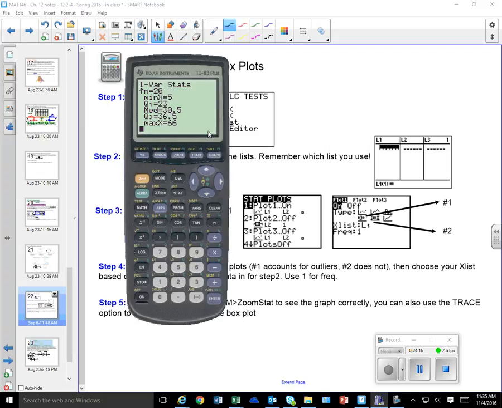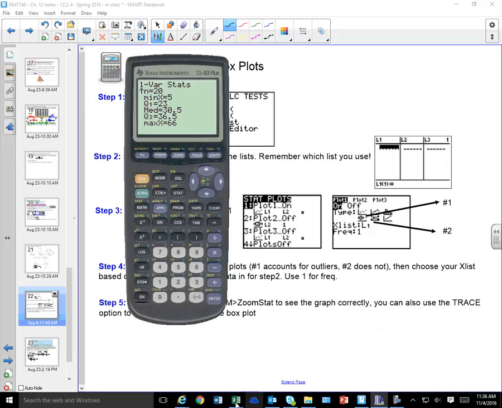So if you just need that for a problem, you could do it that way, or you could do the box plot in the stat plot and then do the trace and just arrow to the right and get all those numbers. Okay? So there's a lot we can do with our calculator here.